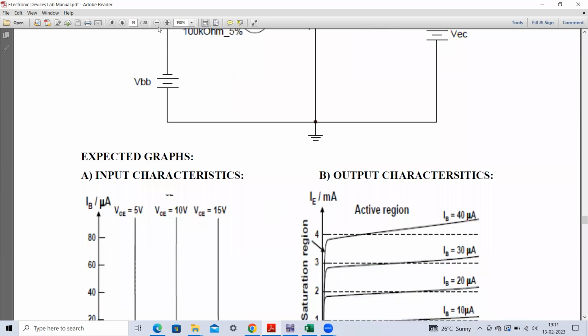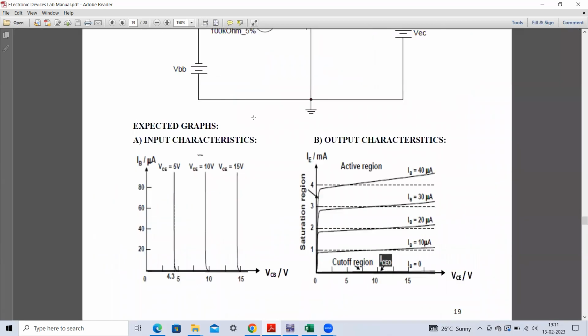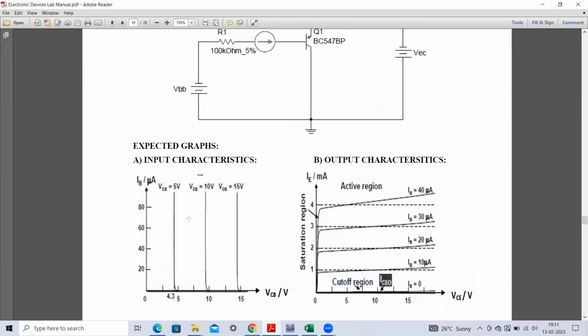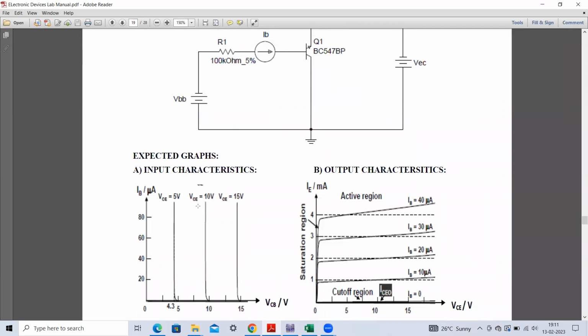In this graph, here we have the collector to base voltage, and onto the y-axis we have the base current. This base current will have its magnitude in the microampere order, and this curve is obtained for VCE equals 5 volt.